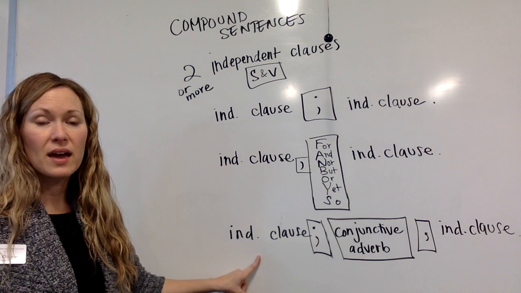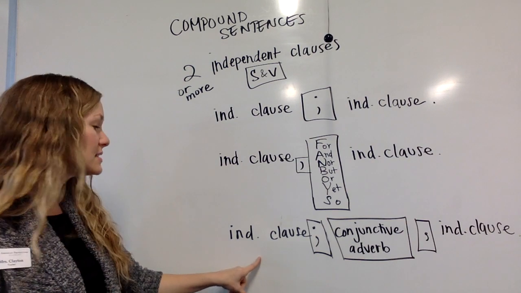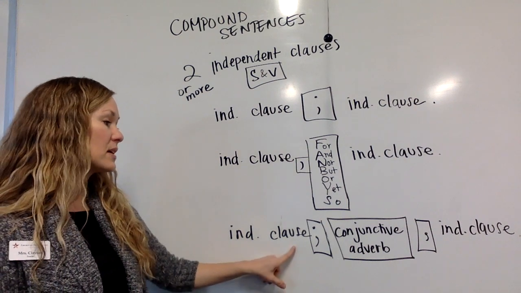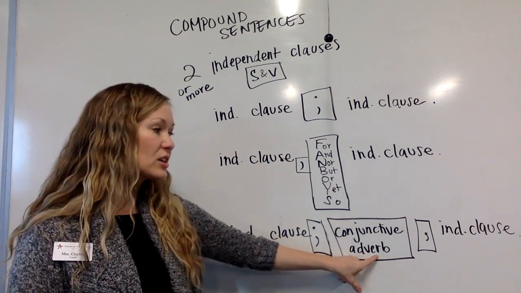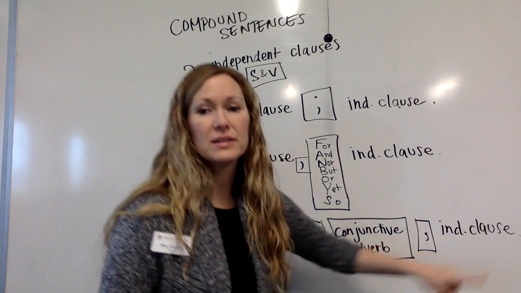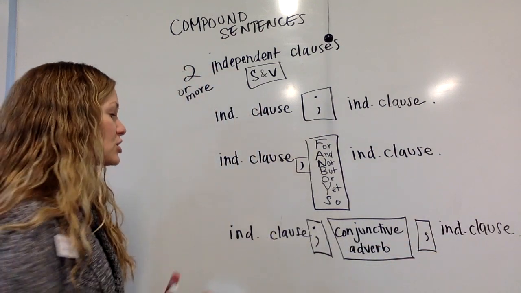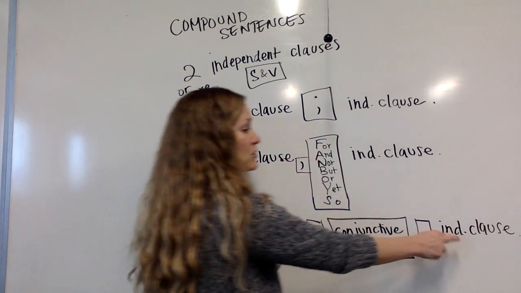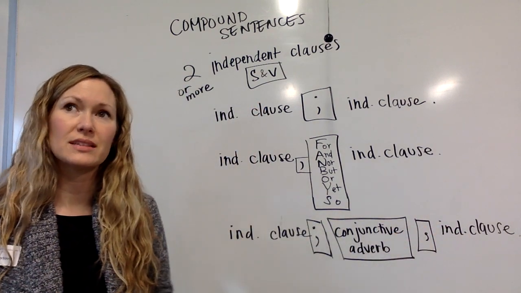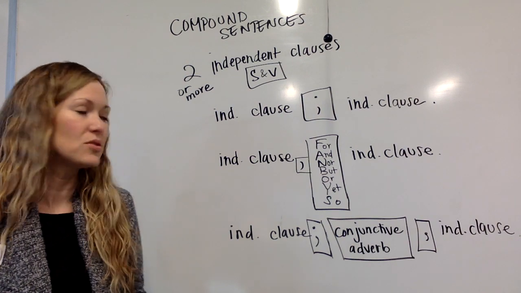The last way that we can recognize compound sentences is through a conjunctive adverb. So we have an independent clause, a semicolon, a conjunctive adverb, a comma after that conjunctive adverb, and then another independent clause. So you're going to have the subject-verb pair here, subject-verb pair here. Conjunctive adverbs, you have a list in lesson 33, I believe, that I gave you.